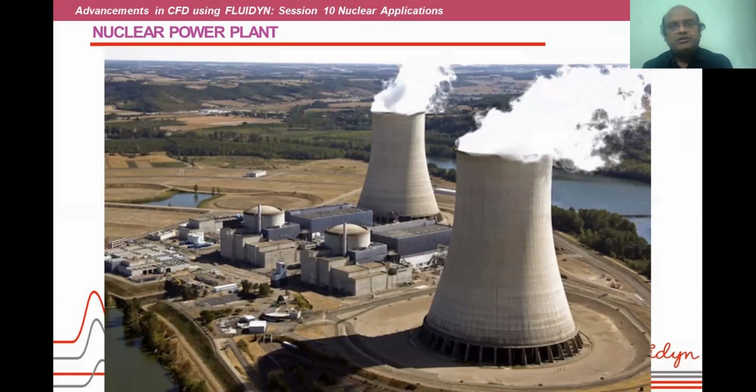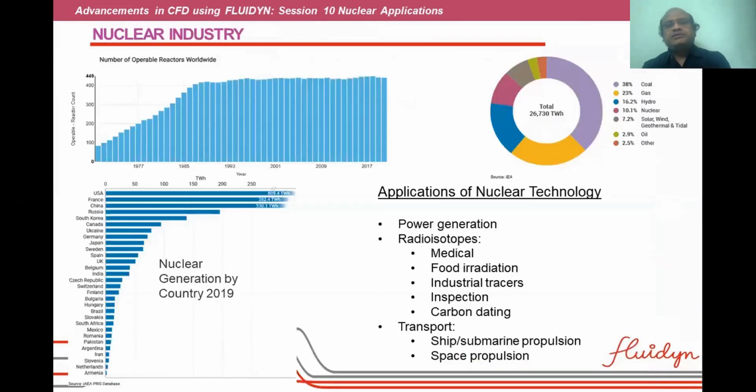Typically, these reactor buildings can have multiple levels under the ground, 7 or 8, depending on the design and other features. Normally, these are situated near water bodies.